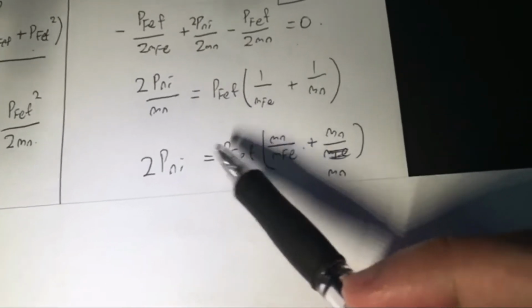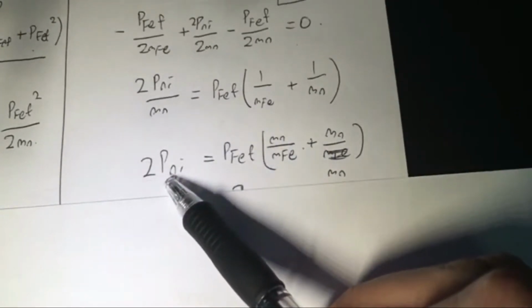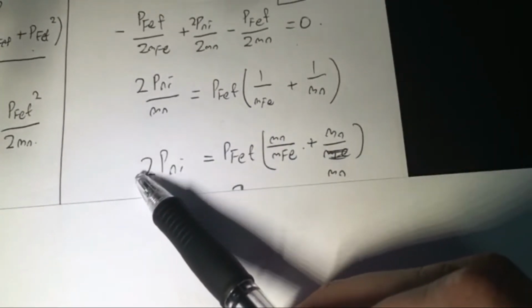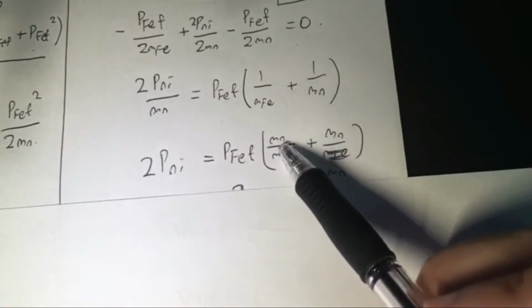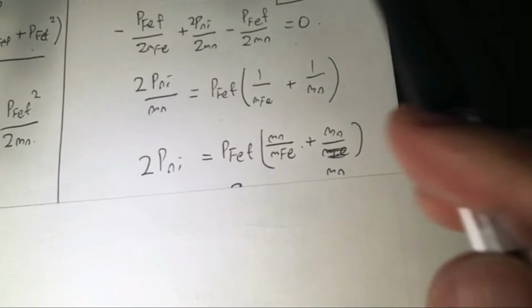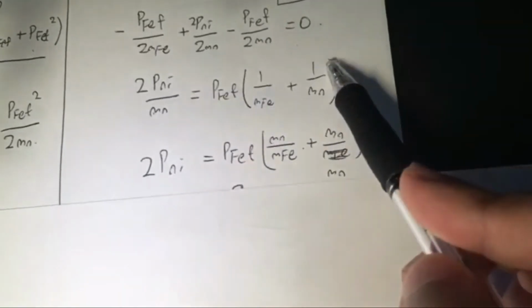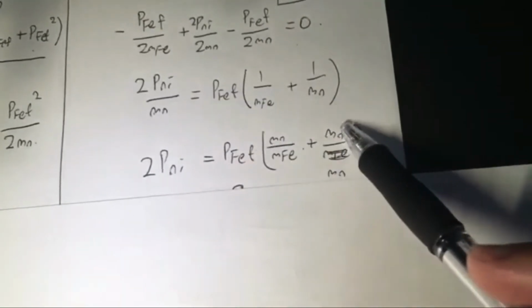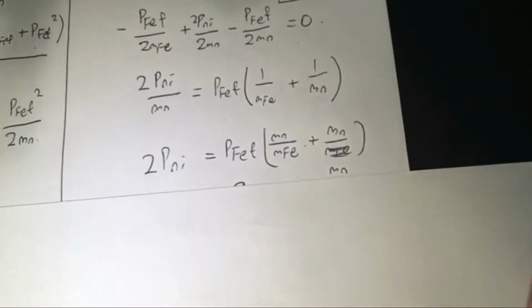We want to make Pni the subject, so we can bring the 2 over, or we multiply across by mn, and that's what we are doing. Then we make Pfef the subject.